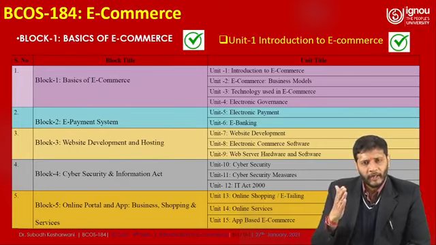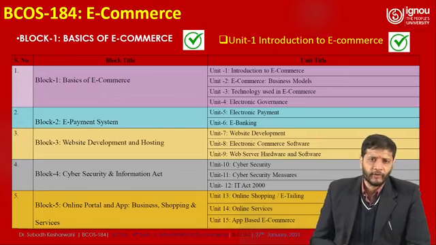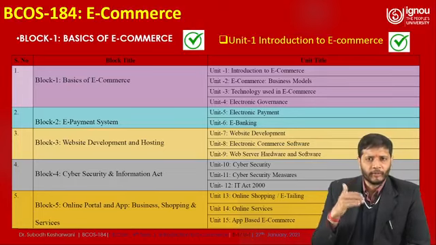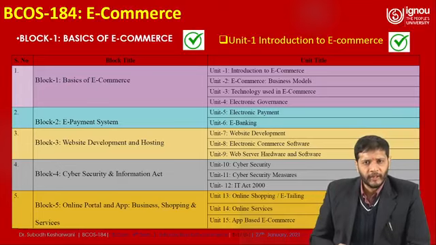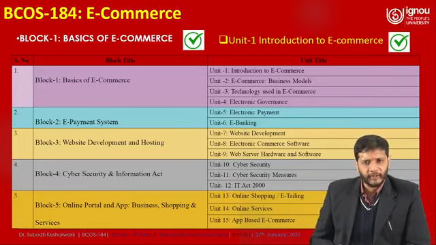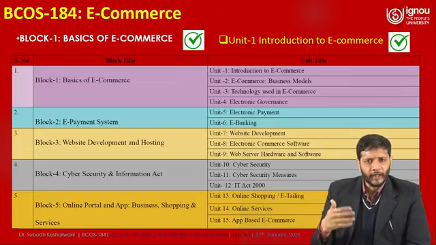While starting our discussion one by one, we will definitely emphasize each chapter and try to find out what exactly commerce is and how the business model is changing with e-commerce. Then we have technology used in e-commerce, then electronic governance. I was saying it's not merely commerce, because governance is also changing with time.